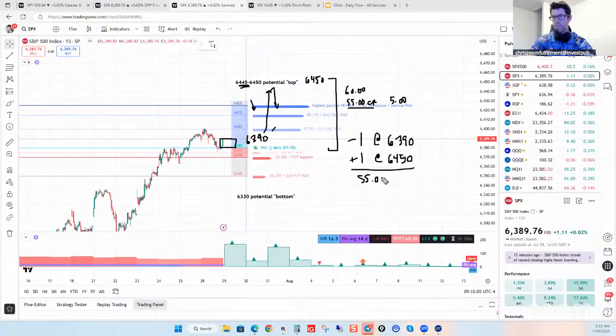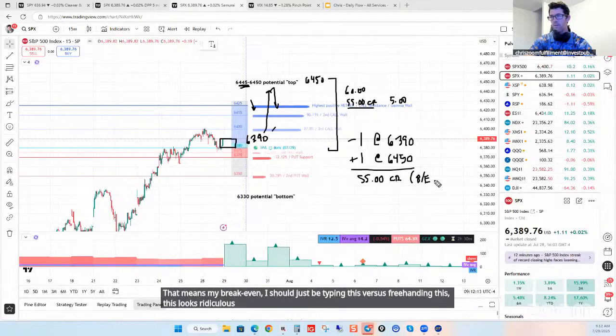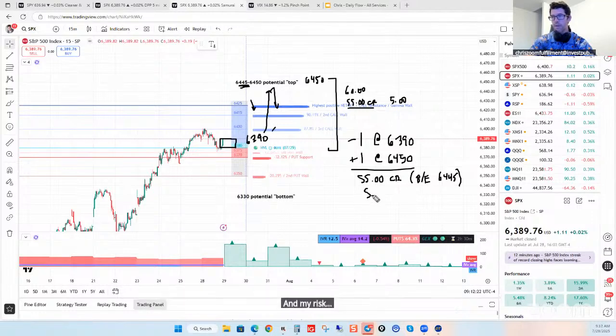$55 credit. That means my break even, I should just be typing this versus freehanding this. This looks ridiculous. $55 credit, so my break even would be 64.45, and my risk is $5.